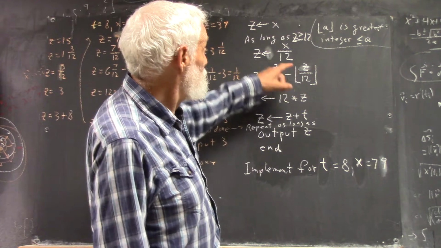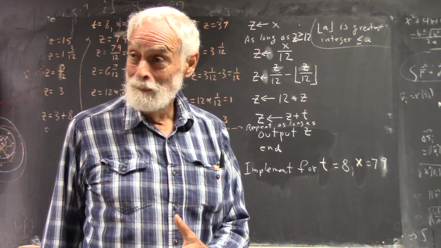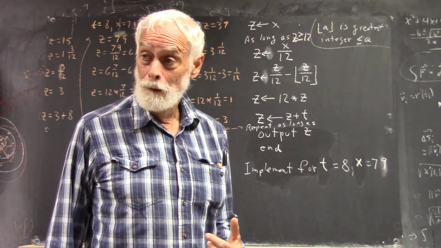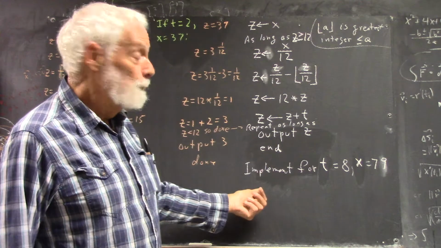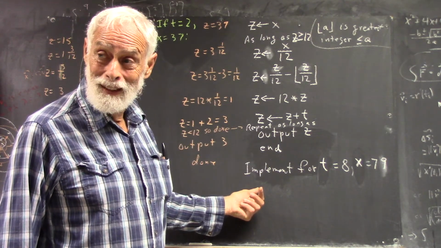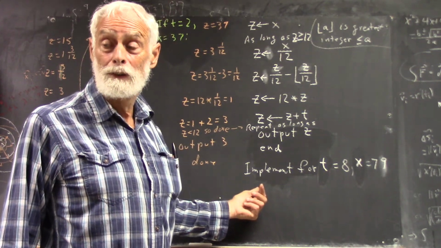Well, you're a lot better just dividing by 12, finding the remainder, and dealing with that, right? Then subtract, subtract, subtract, subtract. Okay? So this algorithm is much more efficient. It's just that it's screwed up. And there are many ways you can repair that screw up. So I want to see what you come up with.